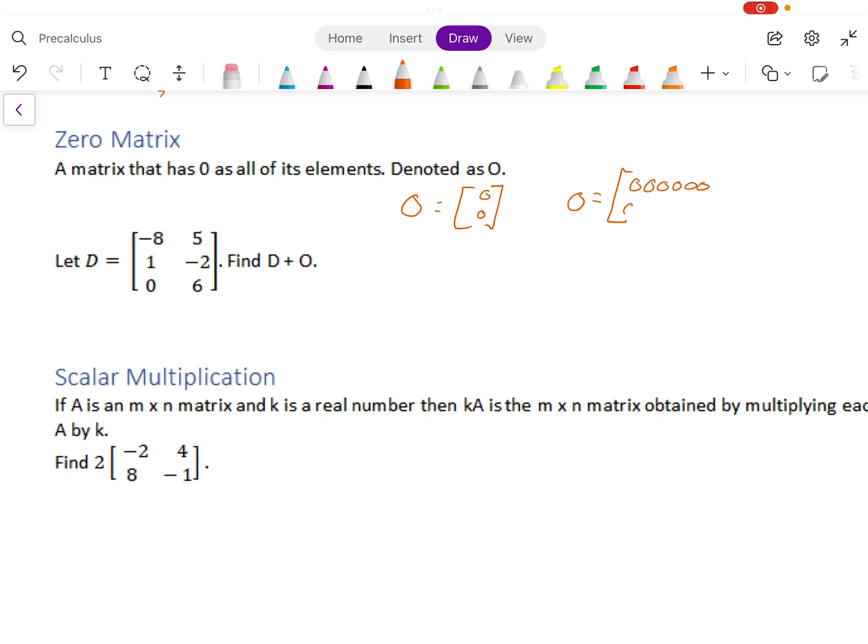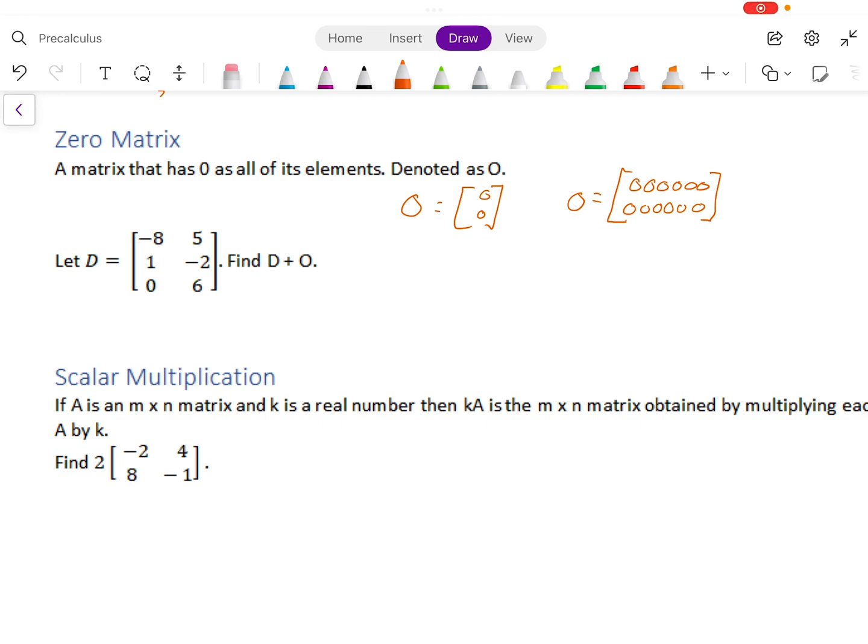I don't know, let's say we have 2 rows and 1, 2, 3, 4, 5, 6 columns. Really, the form of O that we use depends on the question that we're doing. So in this next example, it says D equals that 3 by 2 matrix there.